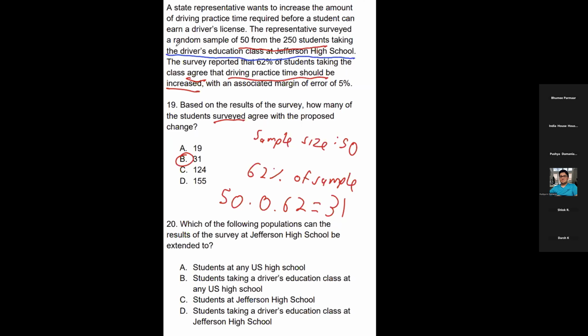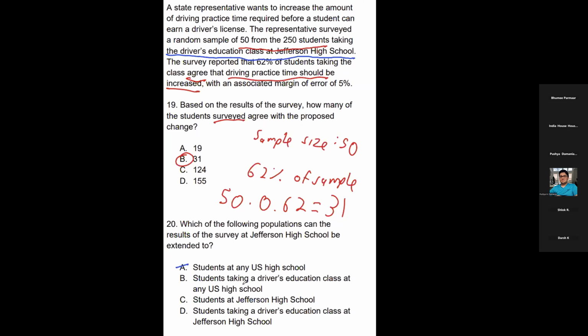So that is the only thing we can generalize the sample to. So students at any high school, well, for us to do this, we would have to pull a random sample of students from a US high school, which we didn't do. This would basically mean we would have to sample some students in most high schools.